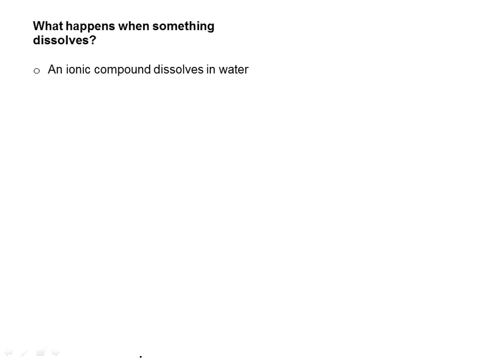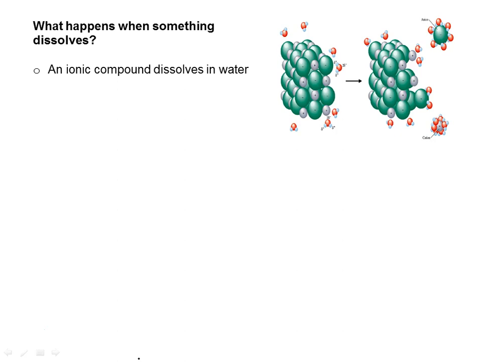So now let's talk about what happens when things are put into water. How exactly do things dissolve? The mechanism by which a solute and a solvent interact depends on what you have. If it's an ionic compound, here are little water molecules, and this is probably a crystal structure of sodium chloride. We've got positive and negative ions there.